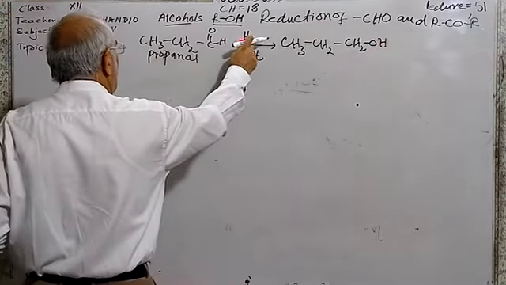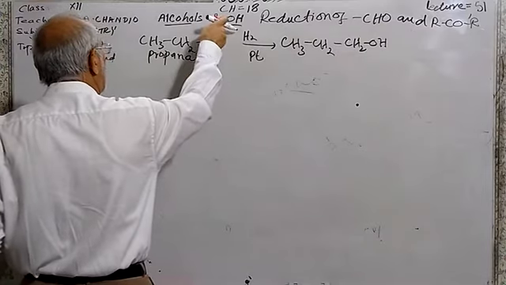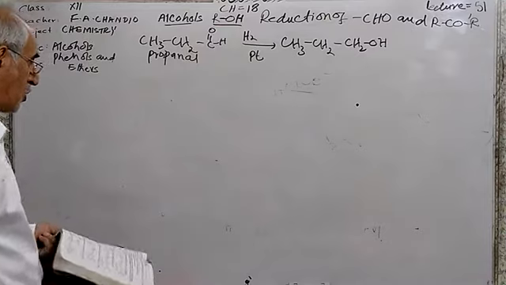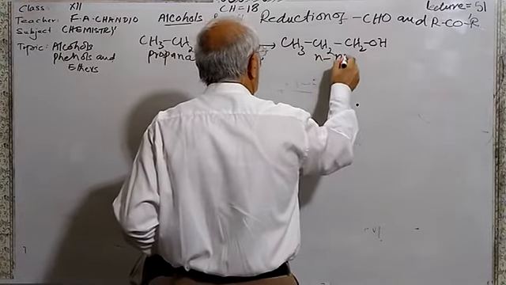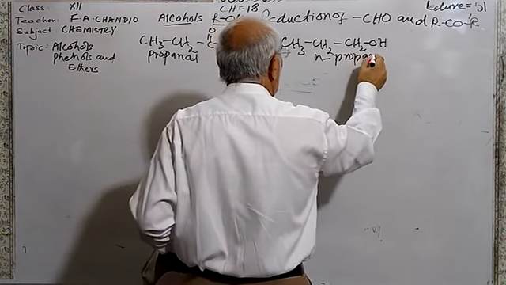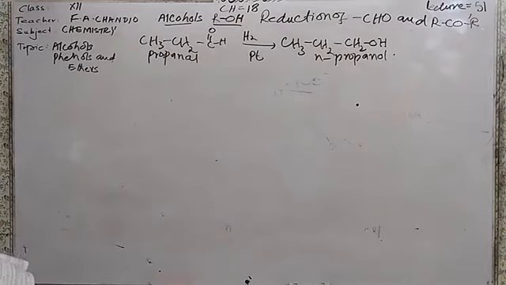If you add one hydrogen here it becomes CH2, and the other hydrogen is added to the oxygen to make the alcohol. So this is 1-propanol, or n-propanol, from propanal by hydrogenation.